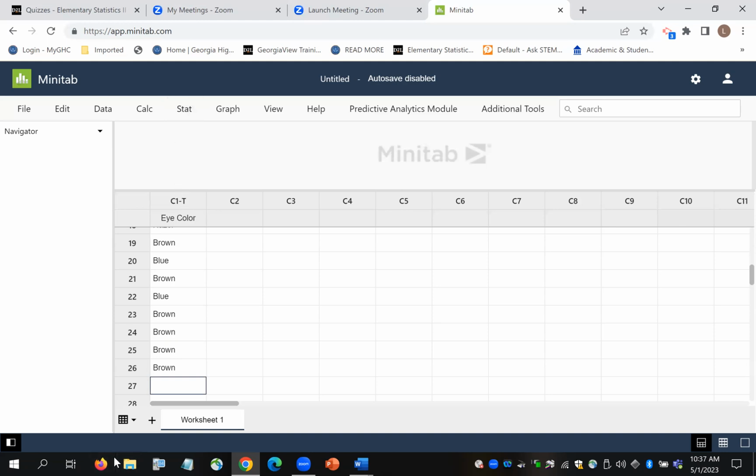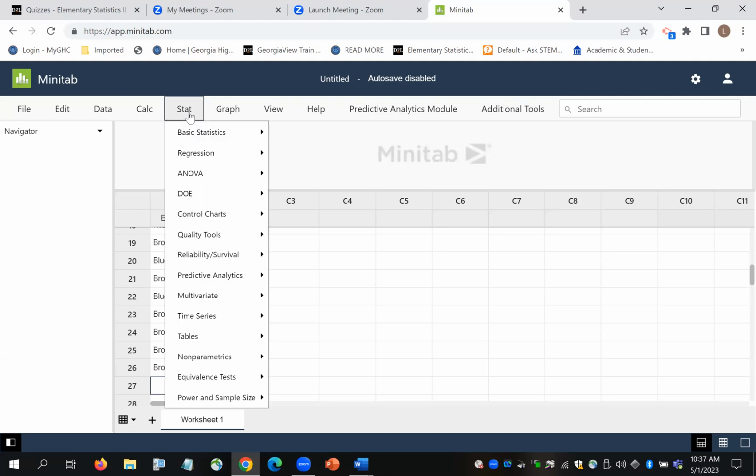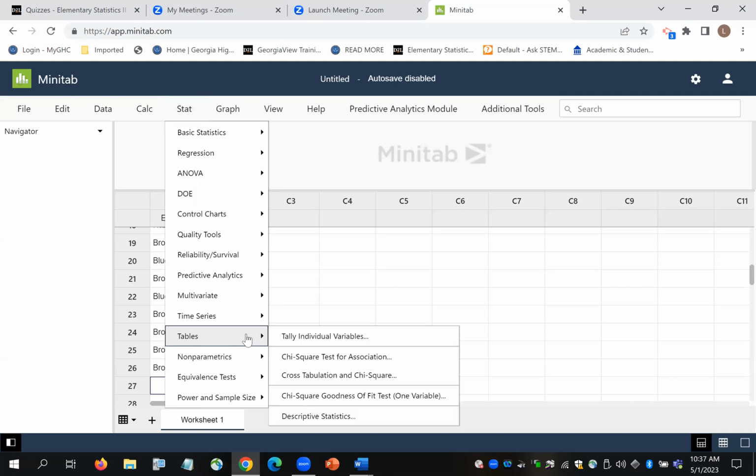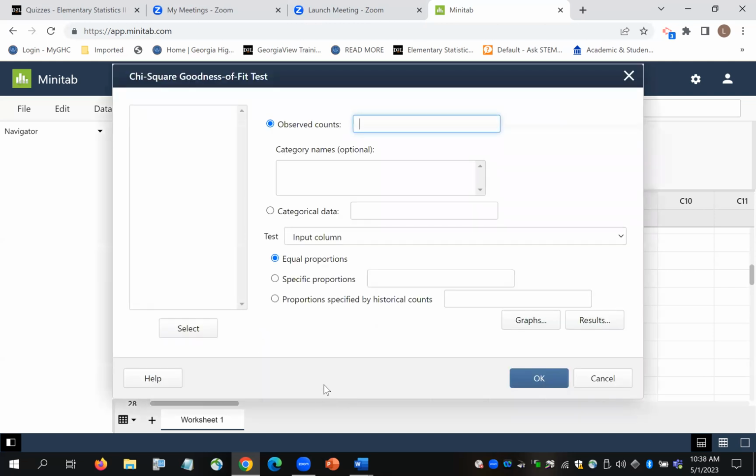Okay, so we've entered the raw data. And guys, listen, pay attention here, because if you haven't done project 7, this is how you have to do it. Stat, tables, chi-square goodness of fit. This time you have the categorical data.